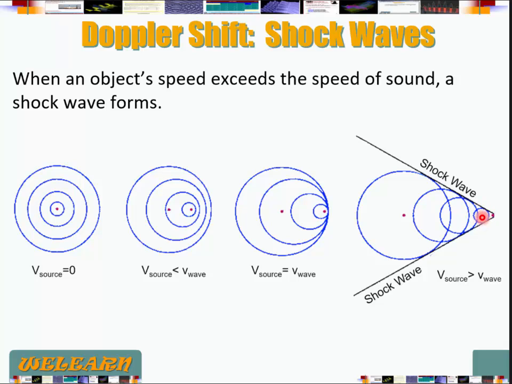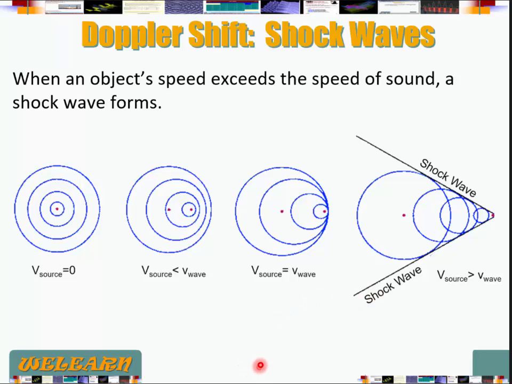This one was produced, but by the time the wave front reached here, since the source is moving faster, the source is ahead. So because of that, these wave fronts are going to meet up here in a sort of a cone that we call the Shockwave Cone.